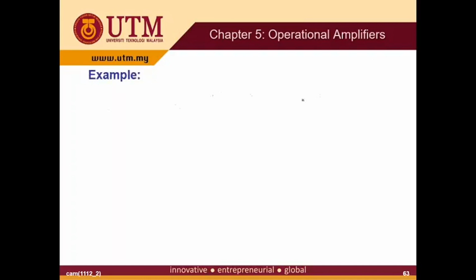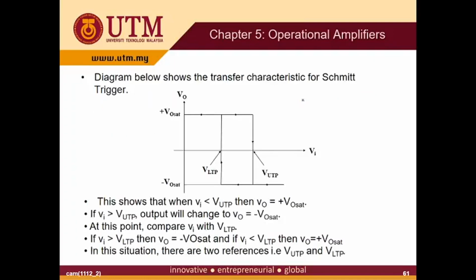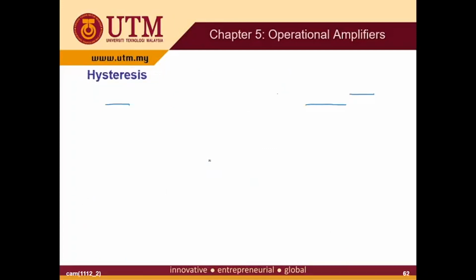If you see this transfer characteristic, you have arrows here. When the input is increasing, it will switch at the VUTP. If the input is decreasing, it will switch at VLTP. So this will cause a hysteresis.